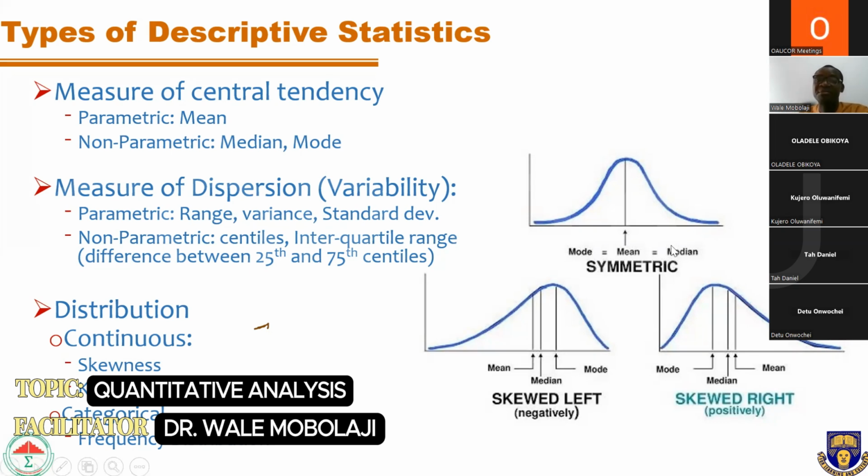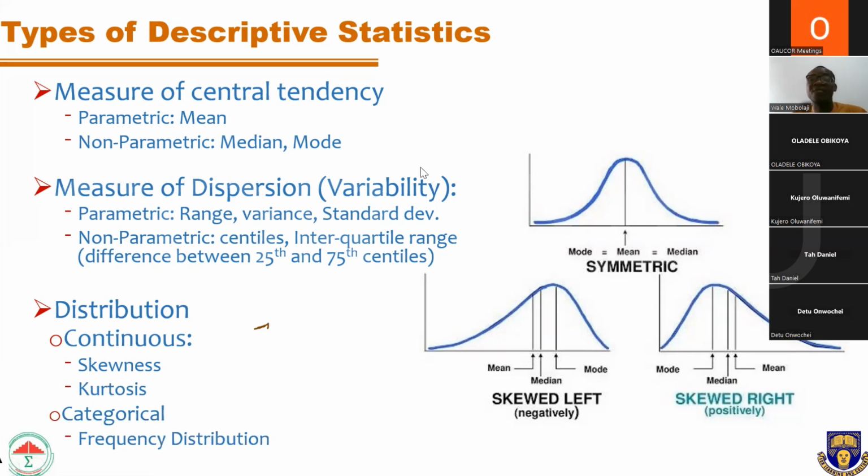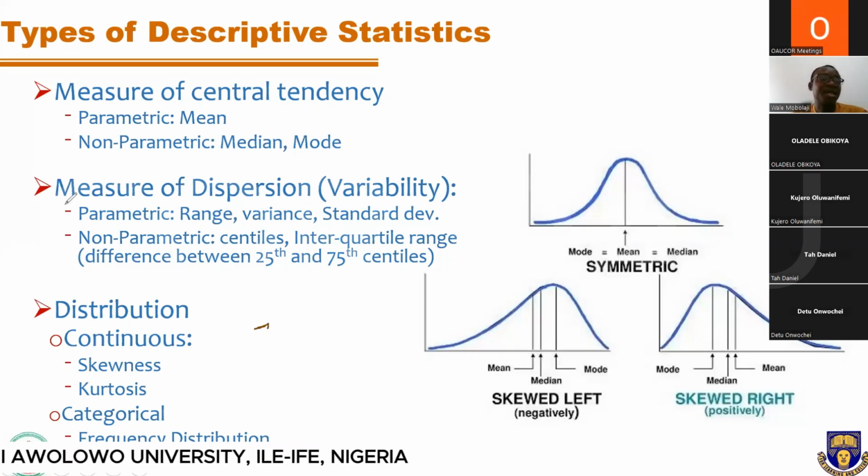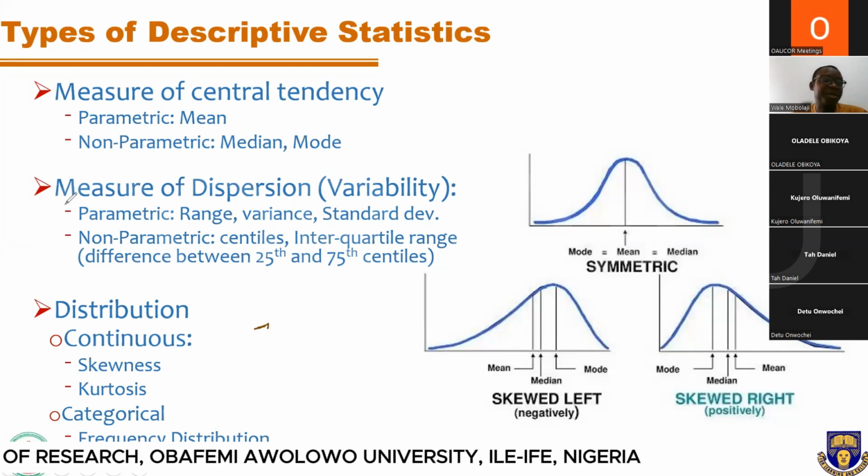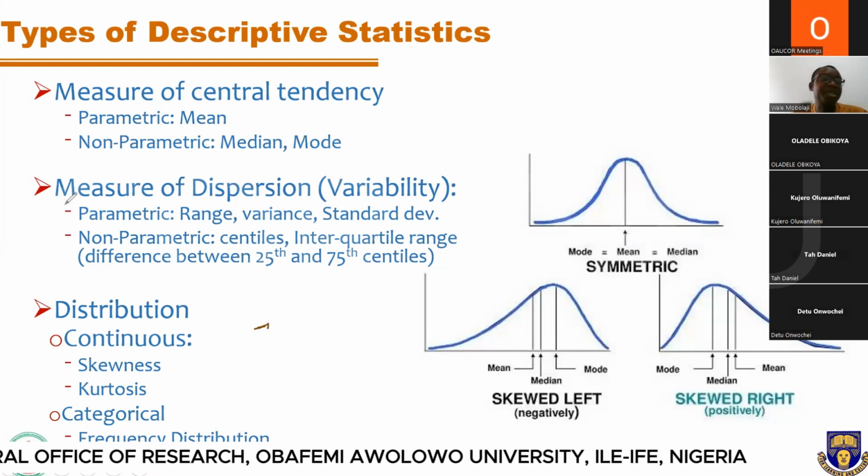So the picture here talks about whether your data is normally distributed or not. They are dealing with continuous data. If it is symmetric like the first chart, I'm referring to this. Let me use my pointer to point to it.